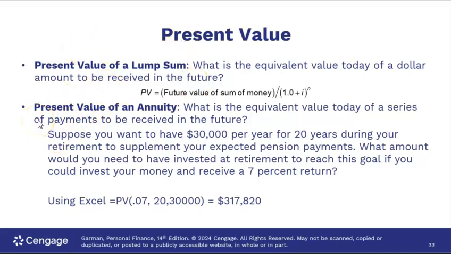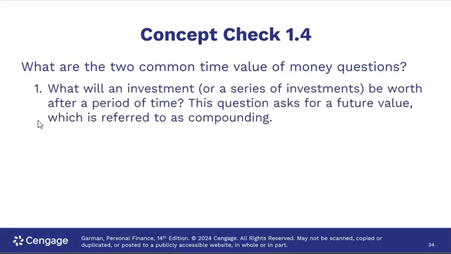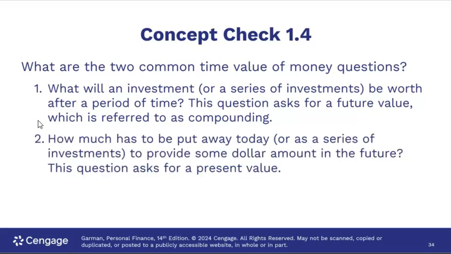Okay, so concept check. Two common time value of money questions. What will an investment or series of investments be worth after a period of time? That's a future value, and we're referring to compounding here. When we talk about a present value, we're discounting.